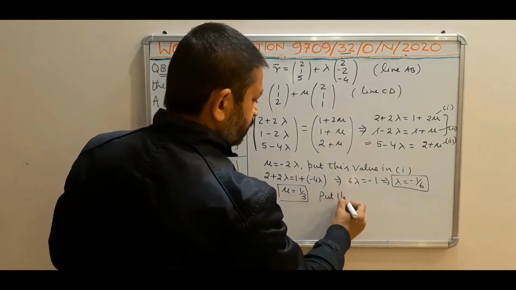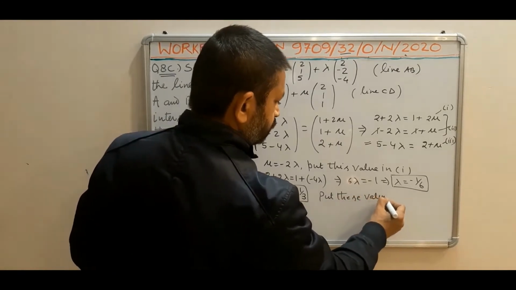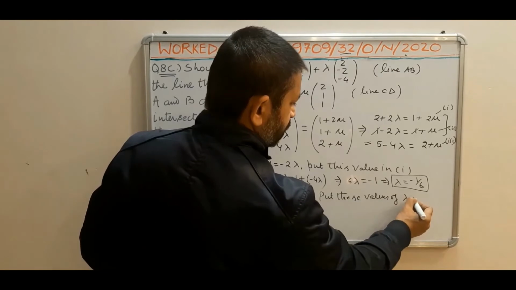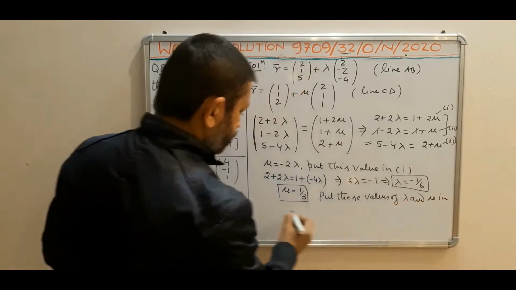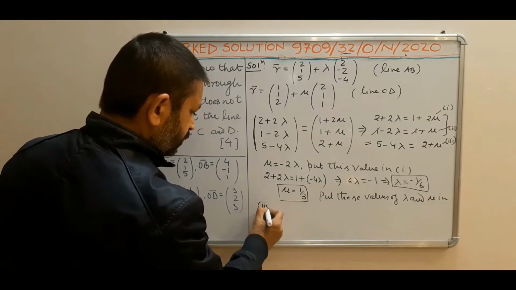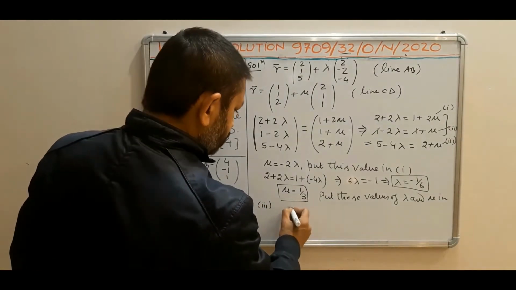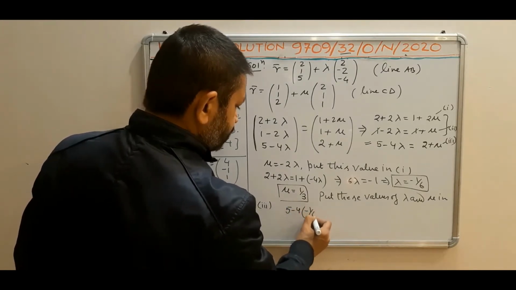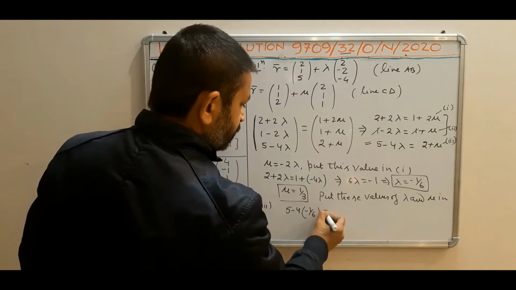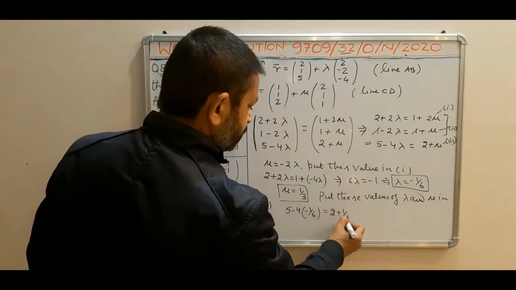Now put these values of lambda and mu in the third equation. Let us see whether these values will satisfy or not. So 5 minus 4 lambda, with lambda as minus 1 upon 6, is equal to 2 plus mu, 2 plus 1 by 3.